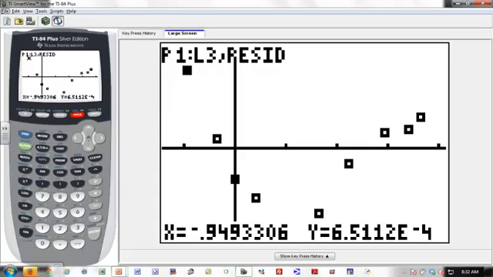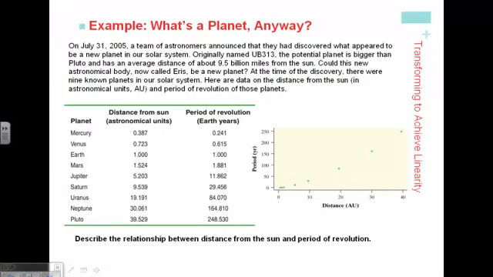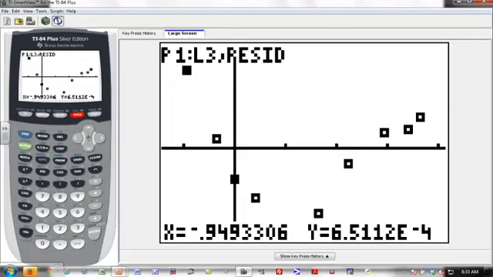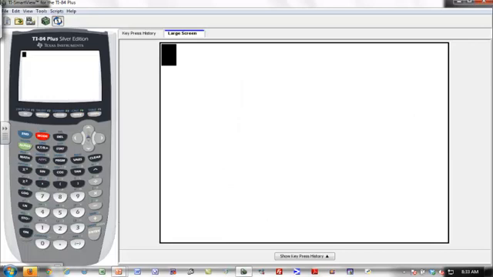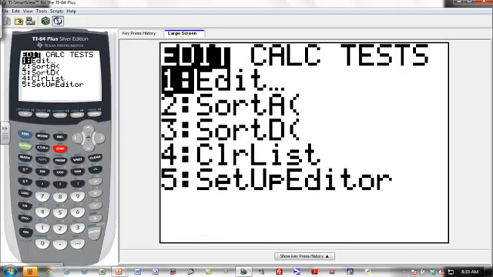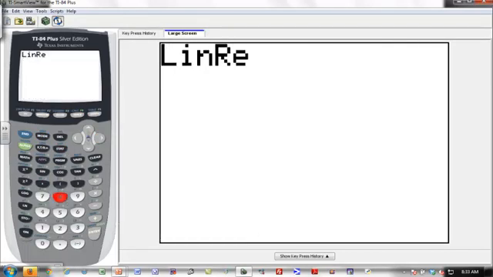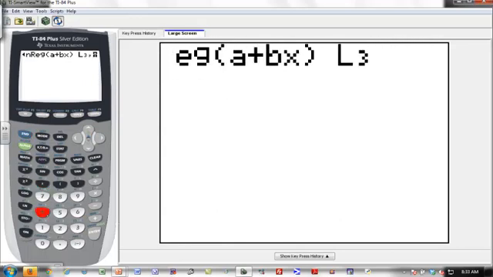Okay? So what do we have then? What we have is a relationship between the data. I'm going to do the regression one more time.